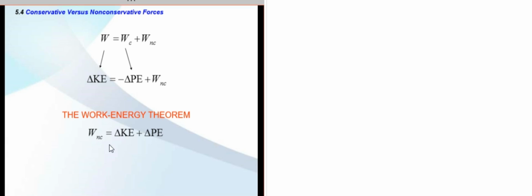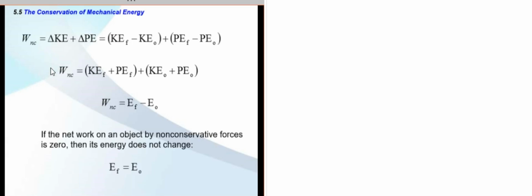So W_NC is equal to delta KE plus delta PE. This is kinetic energy final minus kinetic energy initial, plus the quantity potential energy final minus potential energy initial.